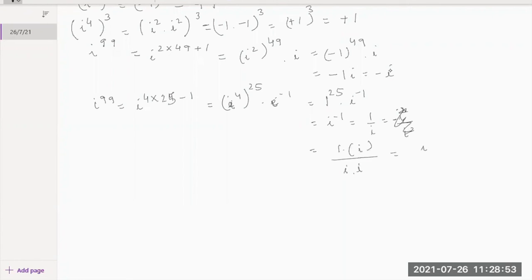This gives me i, and this gives me i squared. I know i squared is equal to minus 1. So i upon minus 1 gives me minus i.